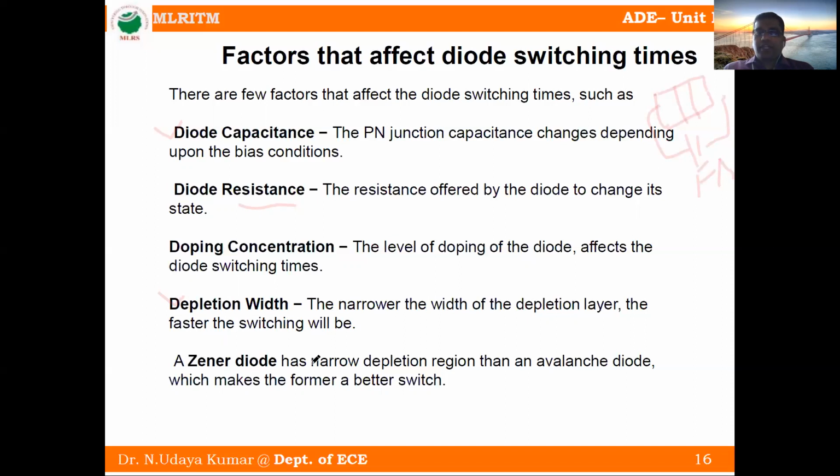A Zener diode has a narrower depletion region than an avalanche diode, which makes the former a better switch. The Zener diode is a heavily doped diode, so switching time is more compared to an ordinary diode. So these are the different factors that affect the diode switching times. So this is the diode switching time topic.